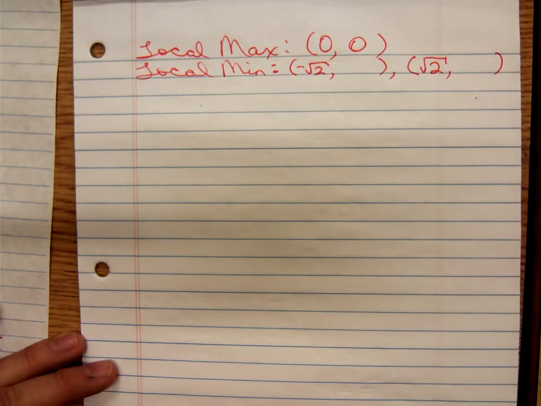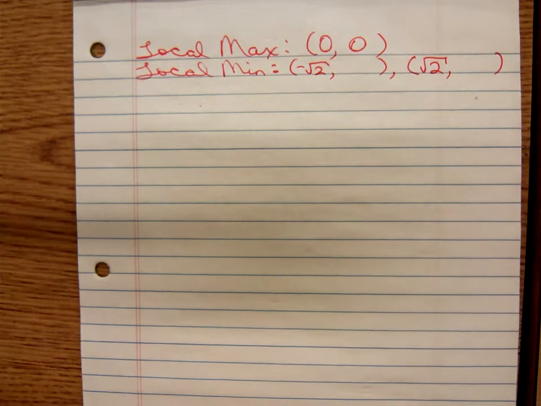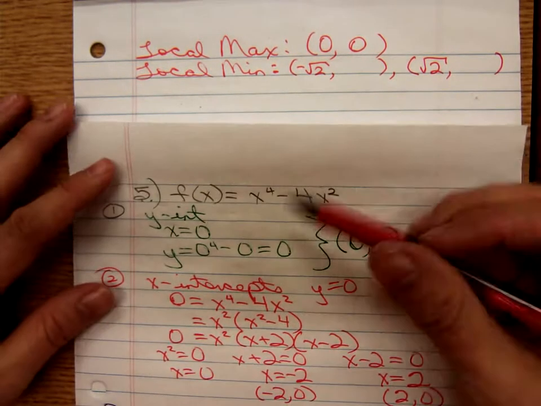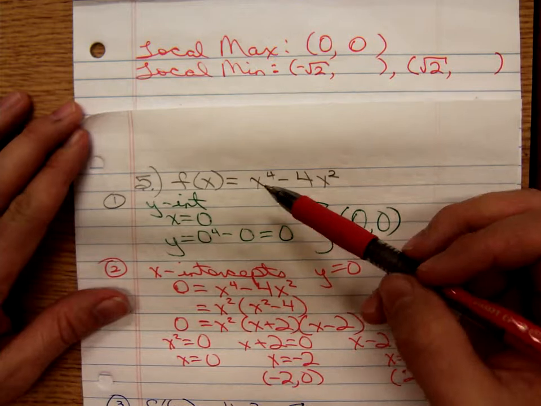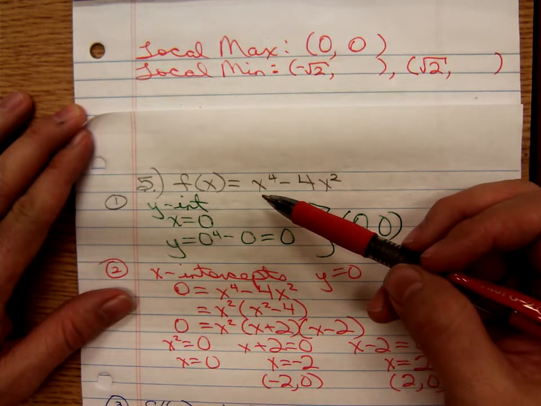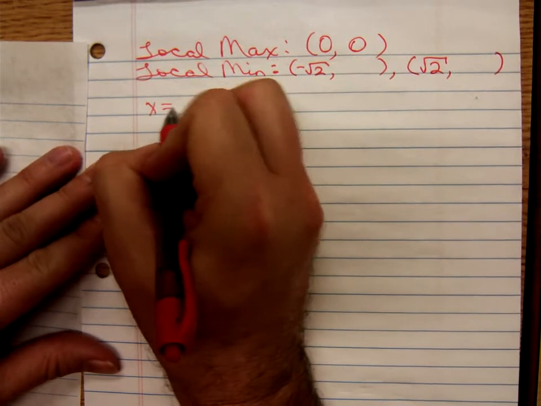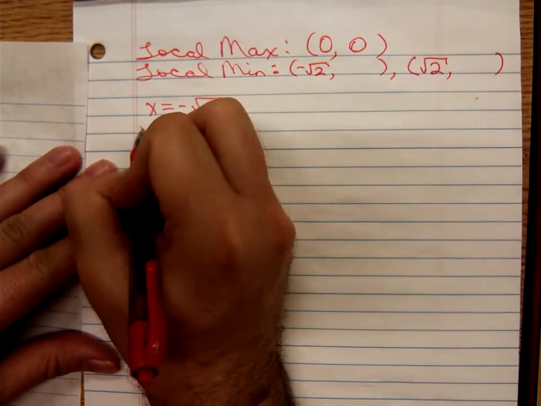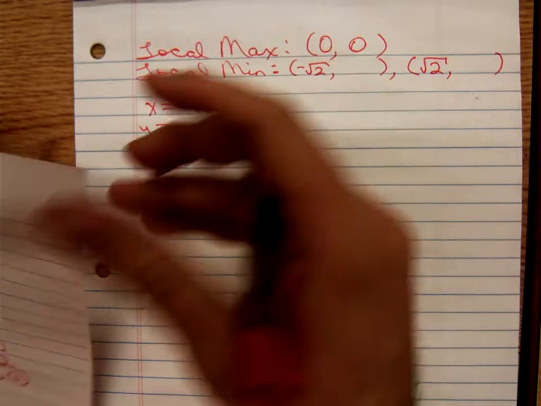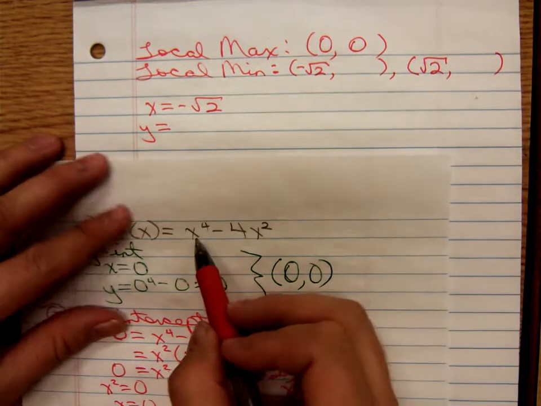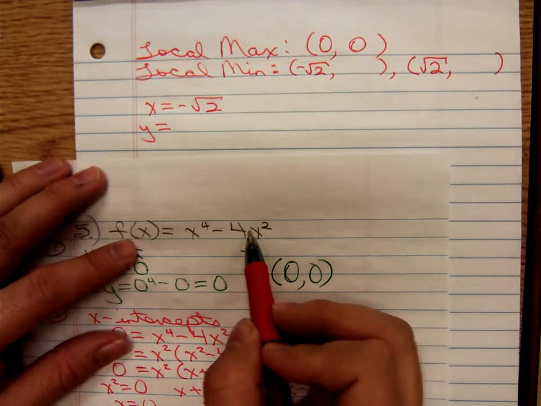You're plugging it into the original function to get the y coordinates, so be careful. Plugging in negative square root of 2, you get y equals x to the fourth minus 4x squared.